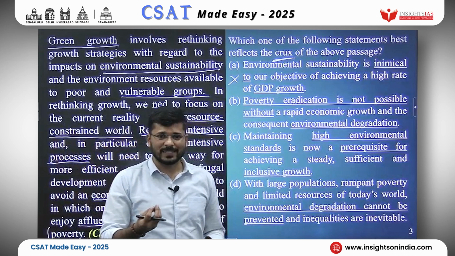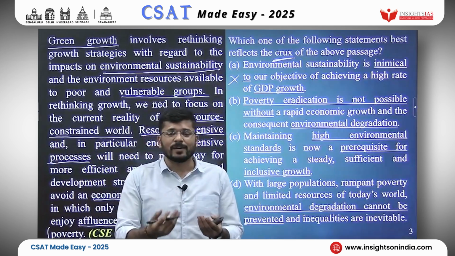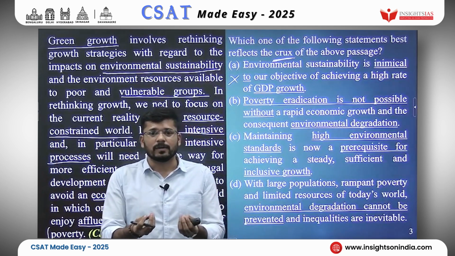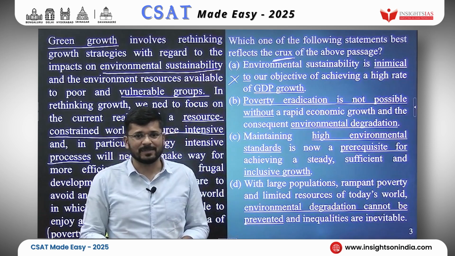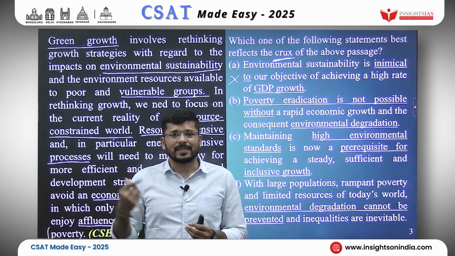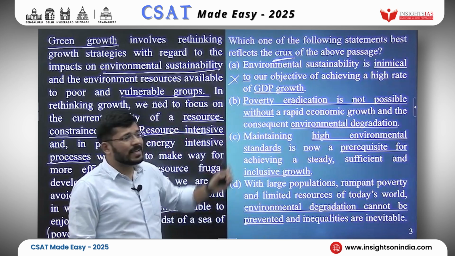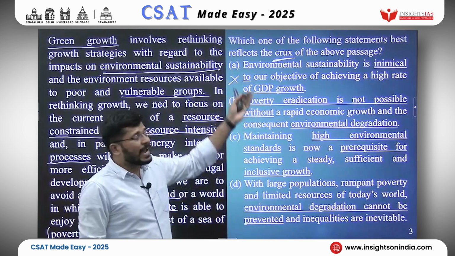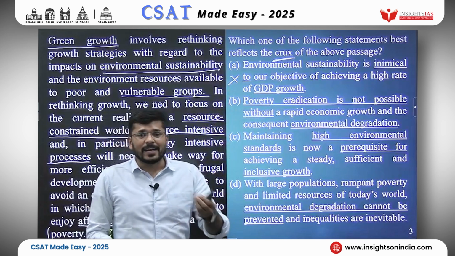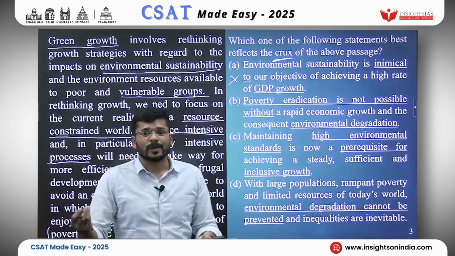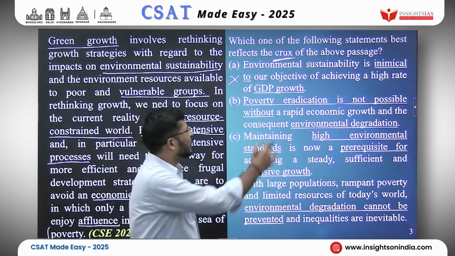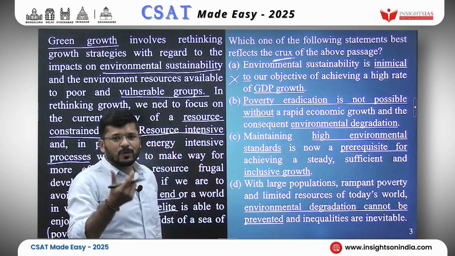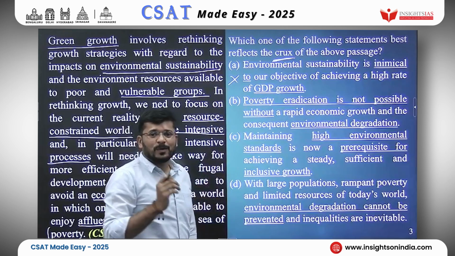The tone of the passage is that we shall handle both environmental sustainability and growth hand in hand. But this is saying as though environmental sustainability is opposed to GDP growth. No, that is not the tone of the passage. So using the concept of tone of the passage, we can easily eliminate option A.